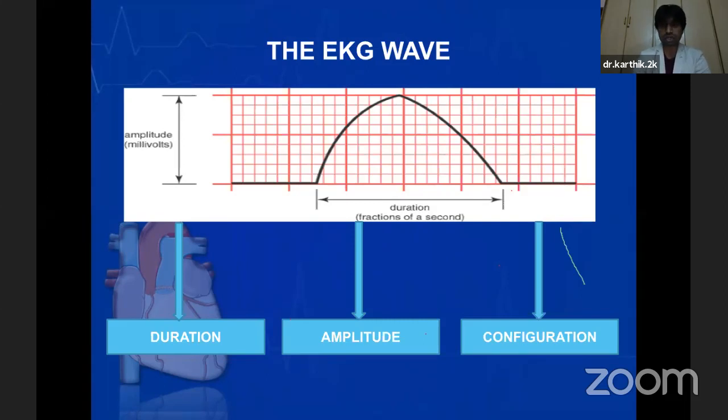The wave has three attributes that need to be studied: the duration, which is the base or the width of the wave; the amplitude, which is the height of the wave; and the configuration, which is the shape of the wave. A simple analysis of these three attributes of a waveform can give you plenty of information about the health of the heart, or the anatomical design or structure of the heart.